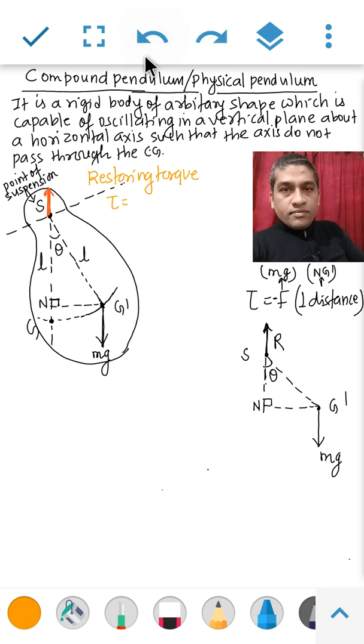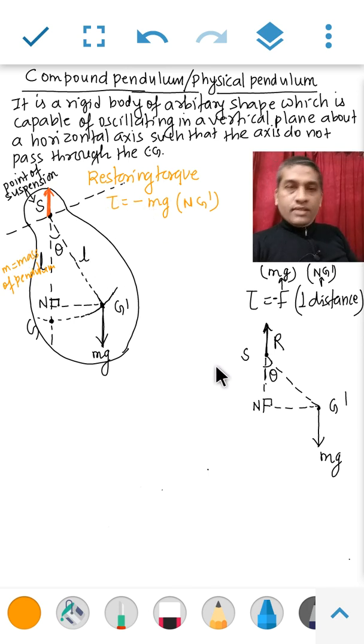So let me put a negative sign also. For restoring torque, mg times perpendicular distance, which is NG dash. Here m is the mass of this pendulum, so do not get confused. m is the mass of the pendulum, clear?